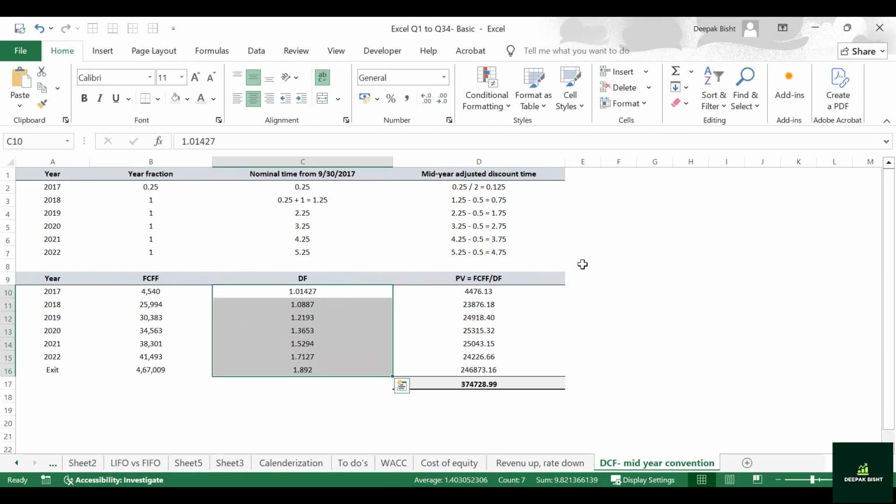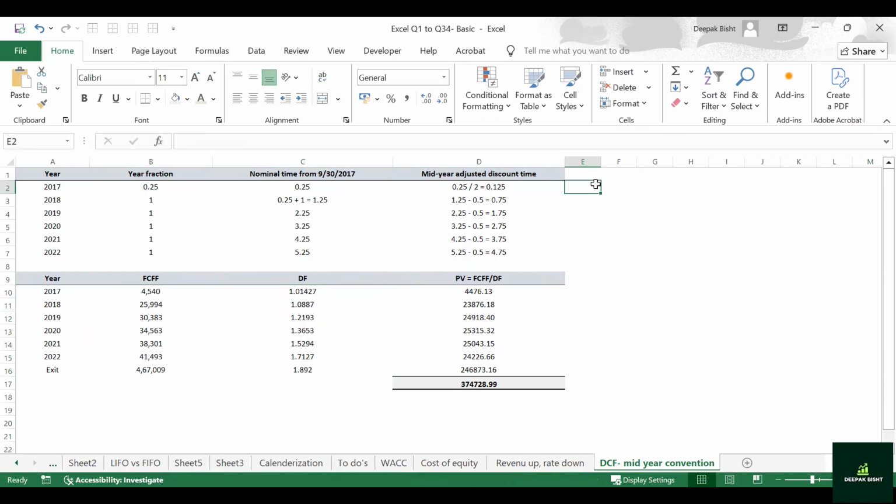And this is pretty simple. I have discounted 1.12 by 0.125 for the first year. I have discounted 1.12 by 0.75 for year 2.